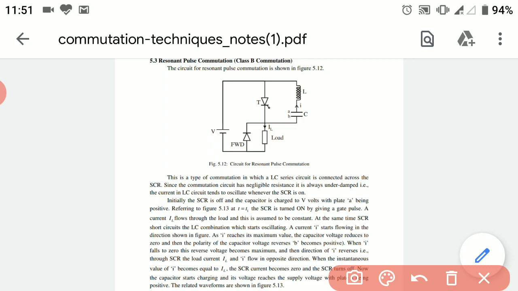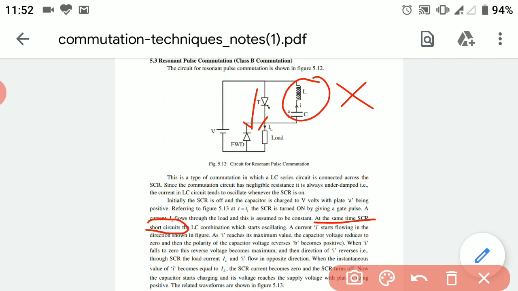At the same time, the SCR short circuits the LC combination, because all the current is actually flowing through the SCR only. Nothing is flowing in this circuit.